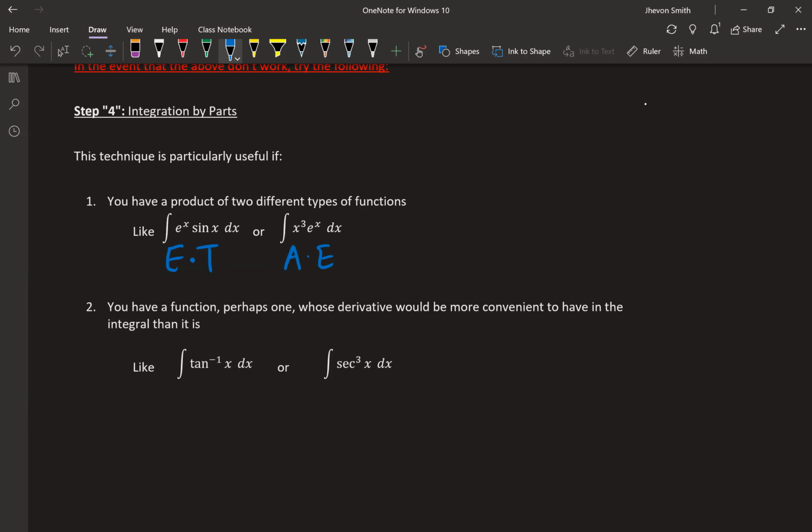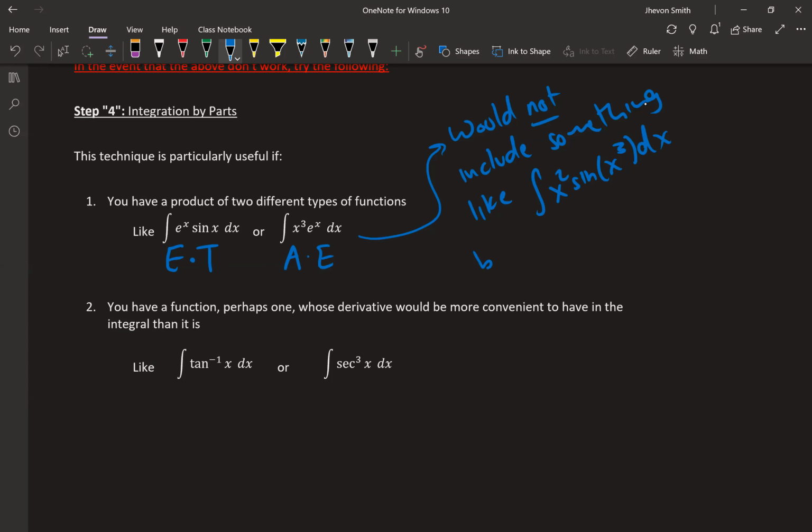So of course here, this would not include something like the integral of, say, x squared sine of x cubed, because a substitution will work.